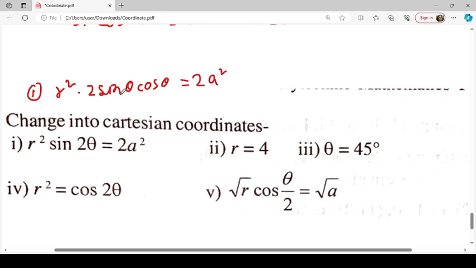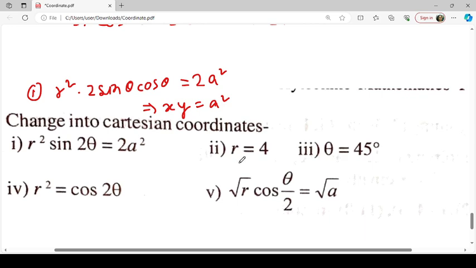So r sin θ is y, r cos θ is x. So this implies 2 goes, so it is xy. xy is equal to a². This is the first one.